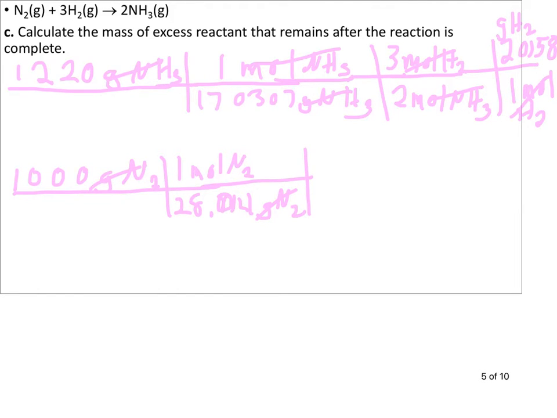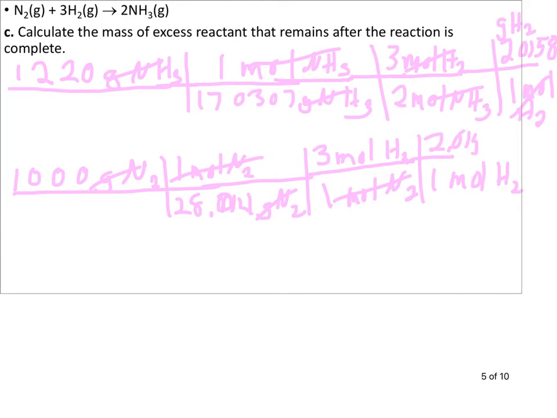Mole conversion. We got 3 moles of hydrogen for every 1 mole of nitrogen. Moles divide out moles. And 1 mole of hydrogen is 2.0158 grams of hydrogen. Moles divide out moles. Then we go through and do our calculations.